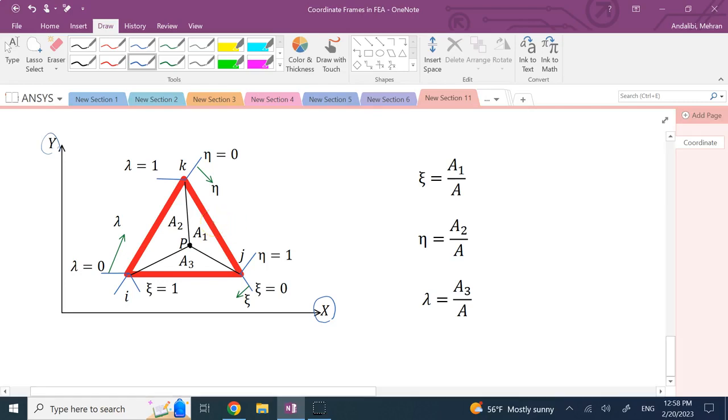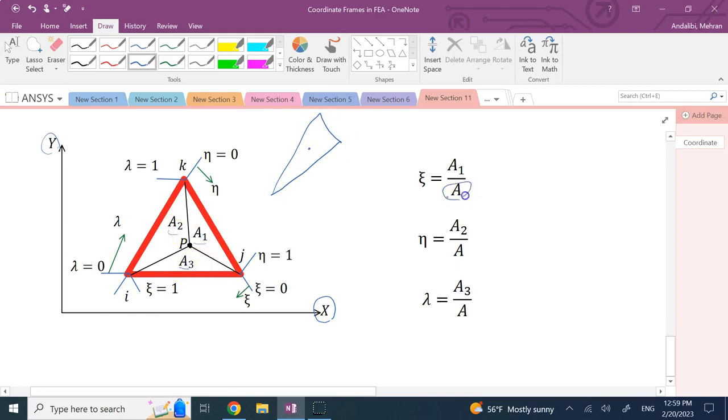So the way we define it is this: if you consider any arbitrary point P inside the triangle, and by the way, the triangle does not have to be an equilateral like this, it could be any arbitrary triangle, right? So you consider a point here and then connect the three vertices to that point, and that divides the total area of the triangle into what? Into A1, A2, and A3.